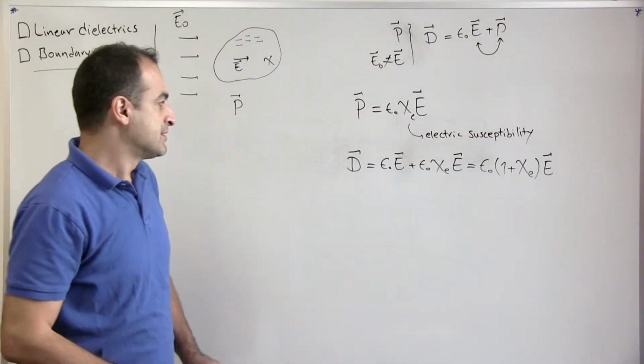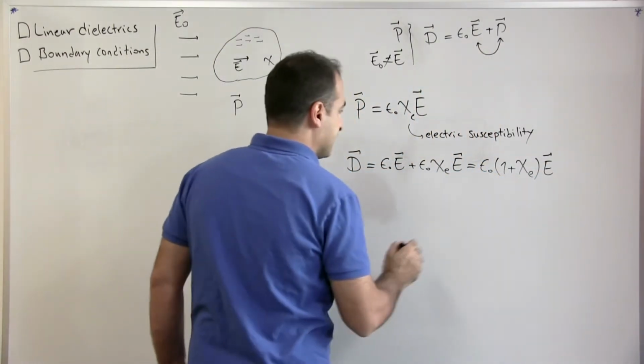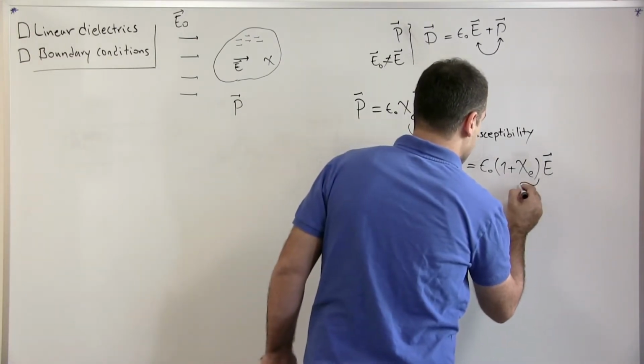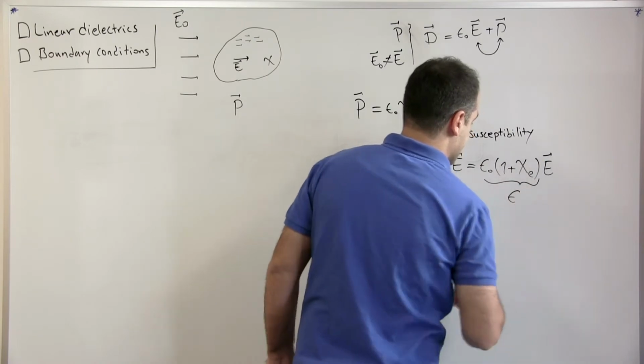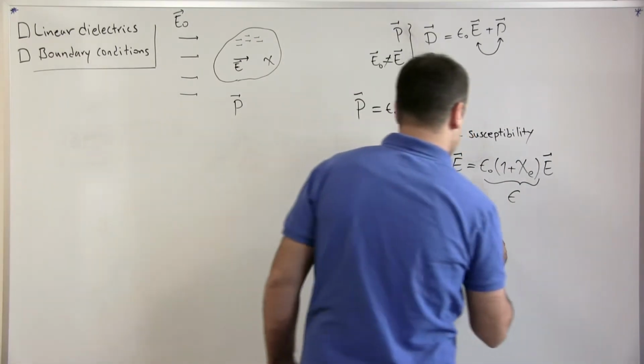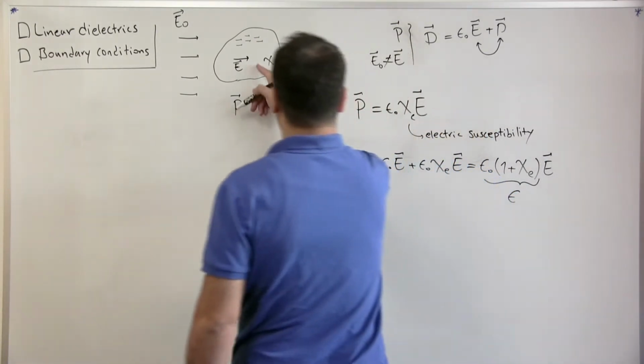Okay, and if you write it in a short way, we can define epsilon naught (1 plus chi E) as epsilon, and this will be the electric permittivity of this dielectric.